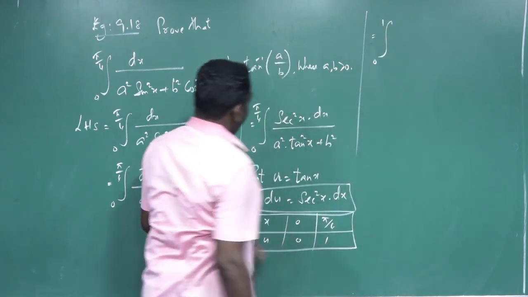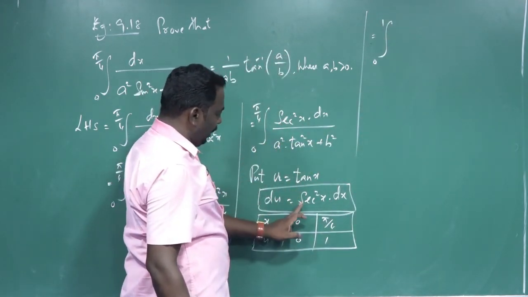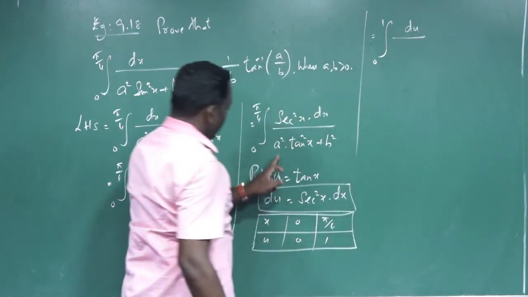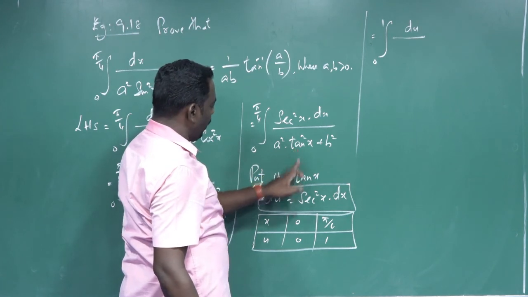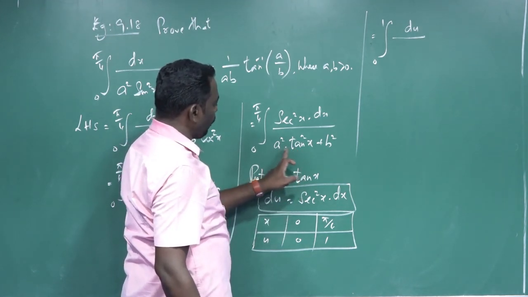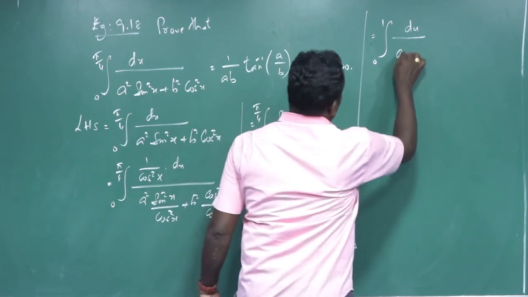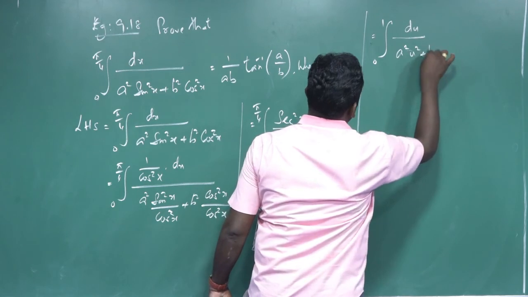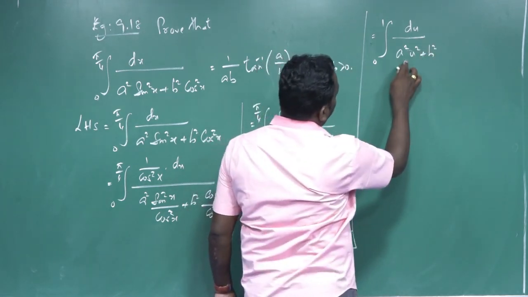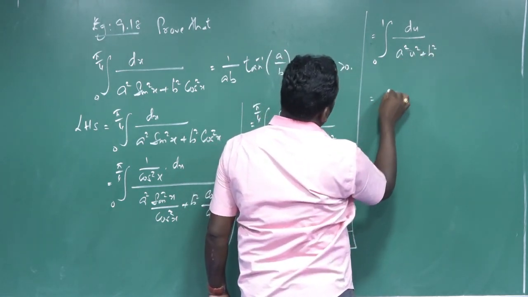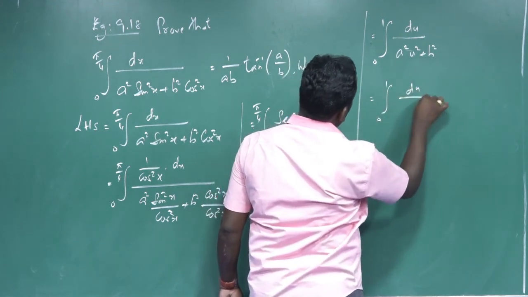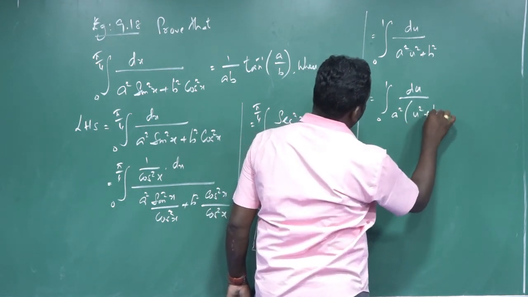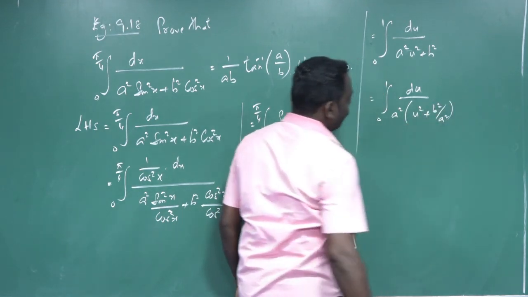Sec squared x dx we can write as du, over a squared into tan squared x, where tan x equals u, so a squared u squared plus b squared. Now in this denominator we take a squared commonly, so the integral from 0 to 1 is du by a squared times u squared plus b squared by a squared.